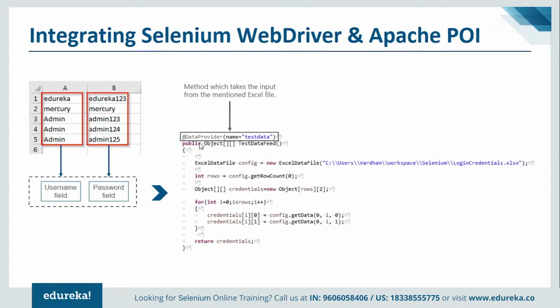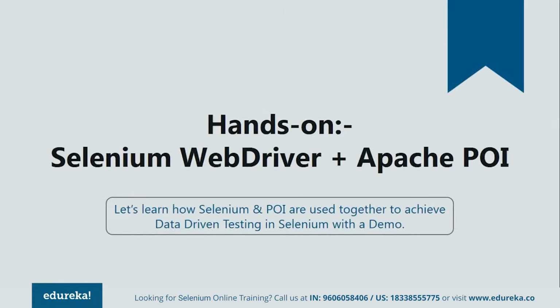So here is where I'm using the data provider, and I'm calling that Excel file. I'm providing the path where it's present. This might be a little confusing right now, but let me go further, and when I get started with the demonstration, I could explain it in a better fashion. So let's go to the hands-on now and see how this can be achieved.